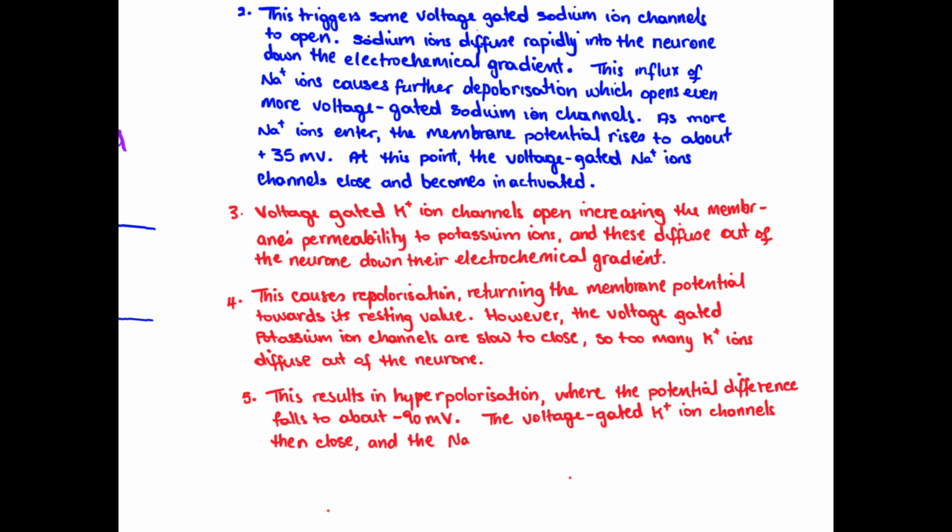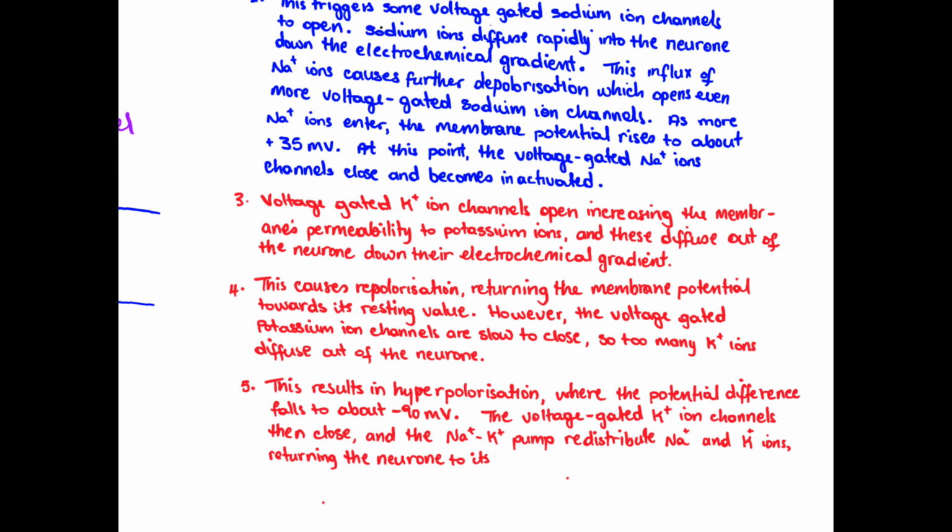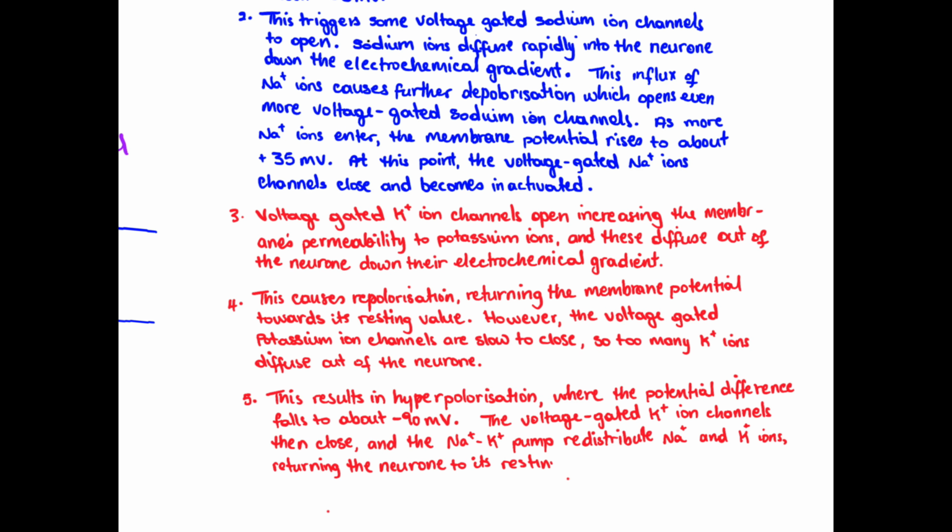The voltage-gated potassium ion channels then close, and the sodium-potassium pump redistributes sodium ions and potassium ions, returning the neuron to its resting potential of minus 70 millivolts.